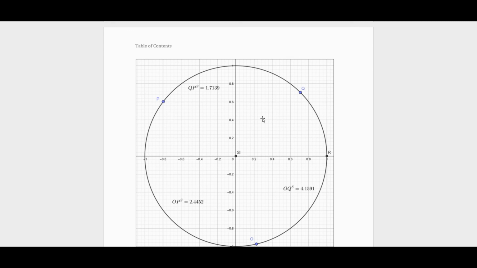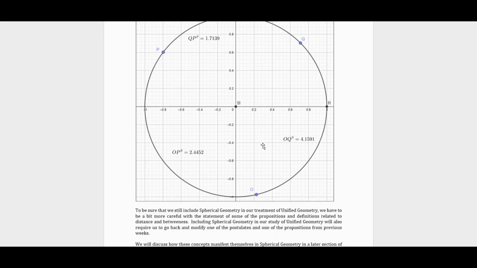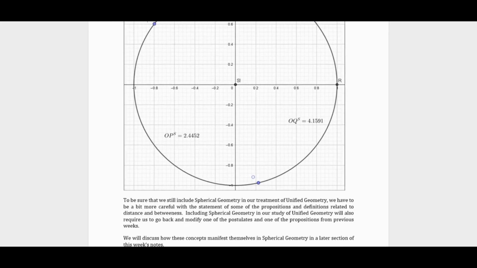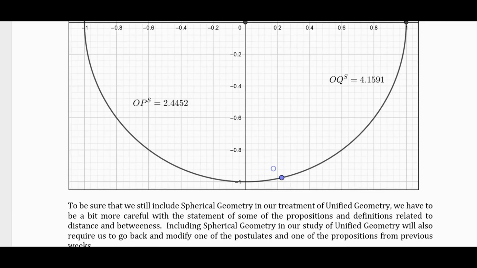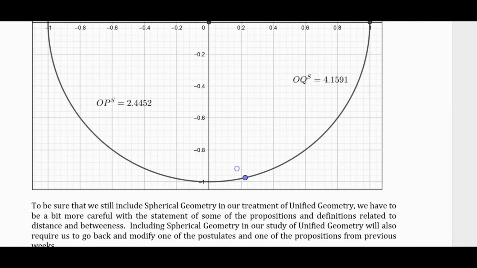And of course, the reason is the distance is measured as sort of the shortest distance to get there, right? So if we did a line segment from O to P, it would not include Q. Okay, so it is possible to have no betweenness relationship at all. And that happens certainly in spherical geometry.